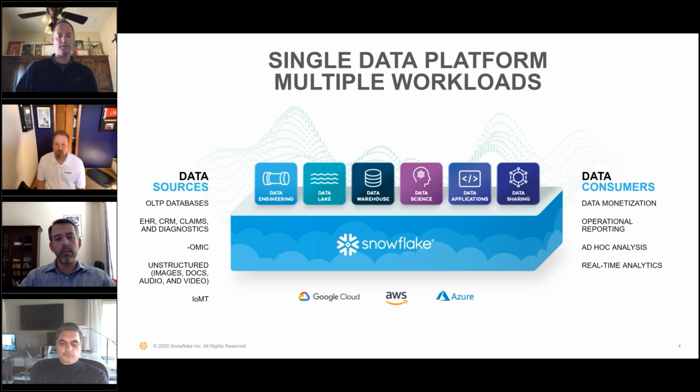And what's really cool about it is that if you're running a Tableau visualization tool sitting on Azure, and your Snowflake data is sitting in Azure, but you also are replicating it to GCP, our cloud services layer can recognize if your Azure data becomes unavailable, it'll actually switch it over to GCP.